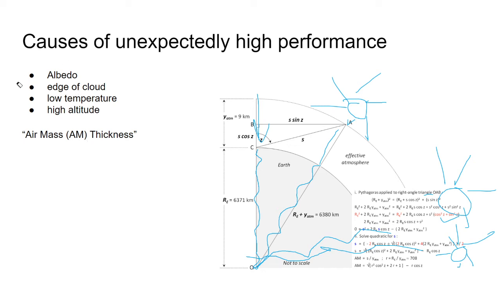And so out of all these items, we've already talked about temperature, we've already talked about altitude. You don't need to worry too much about the edge of the clouds increasing performance, but know that it can happen. Albedo is the reflection of sunlight off of surfaces.